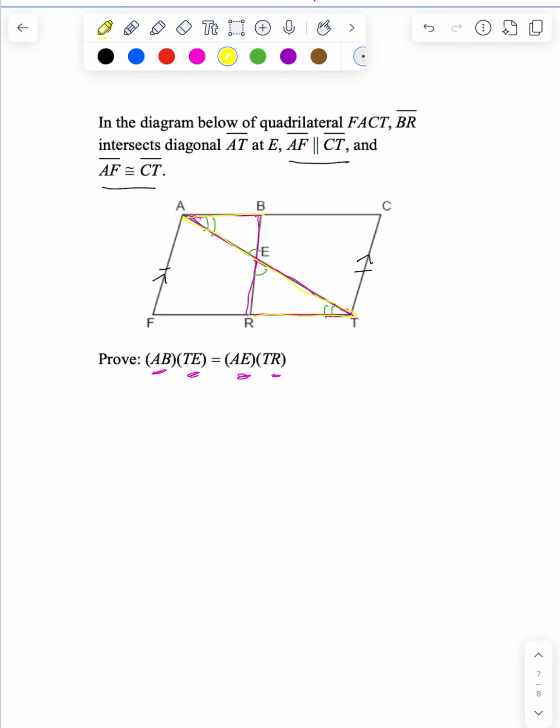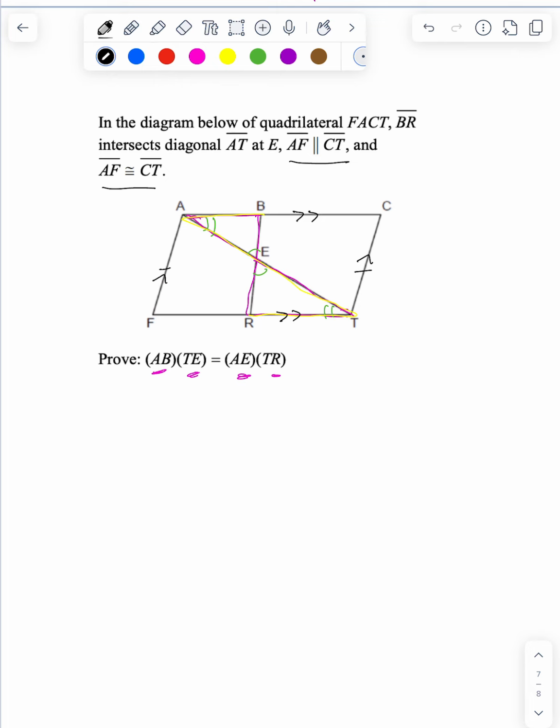But luckily, since in the quadrilateral one pair of opposite sides is congruent and parallel, it's a parallelogram. So that means these are going to be parallel as well because opposite sides of a parallelogram are parallel. And then we can say the alternate interior angles are congruent, and that gives us the AA that we need.